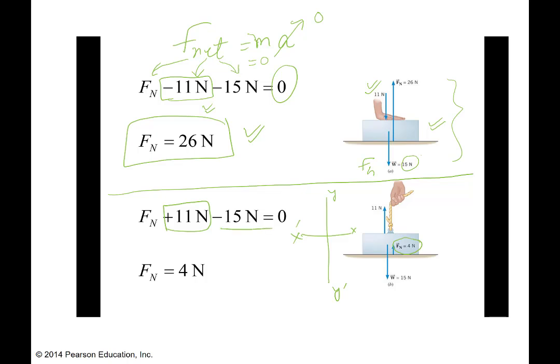So minus 15 is still the weight, and you find out that when you are trying to lift an object from the floor, whether with the help of rope or with the help of hands, you reduce the normal force. And if it is simply lying down, the normal force is higher.